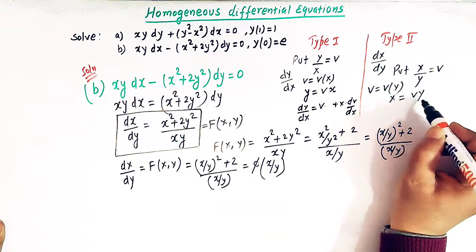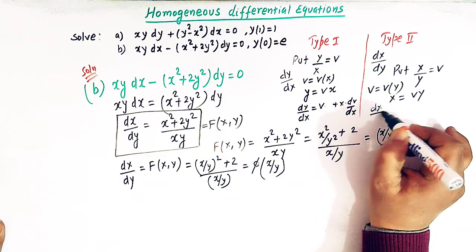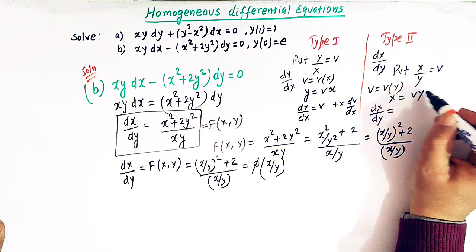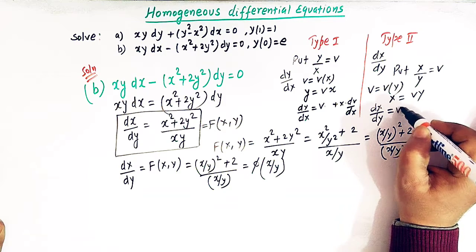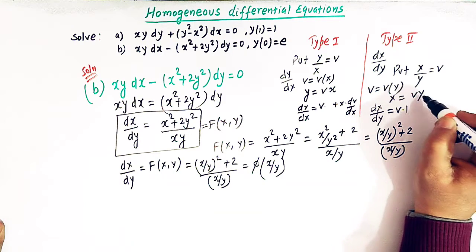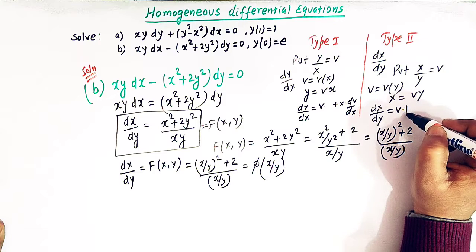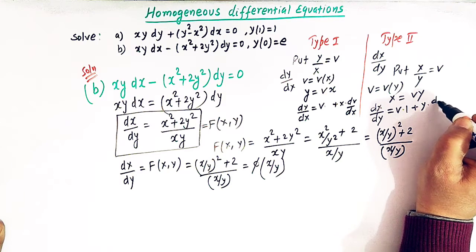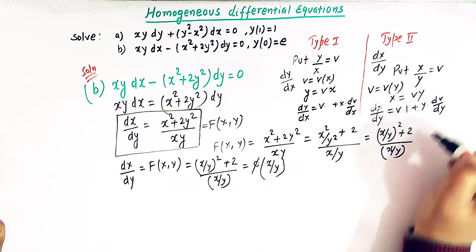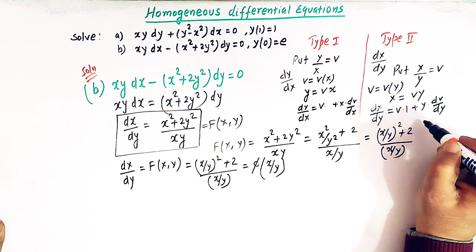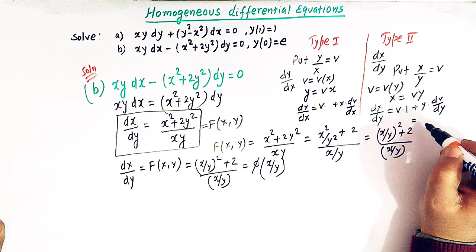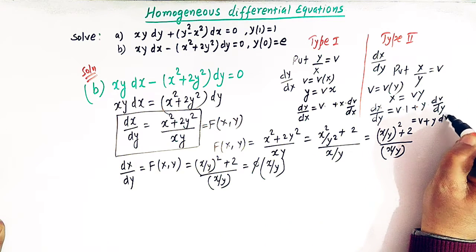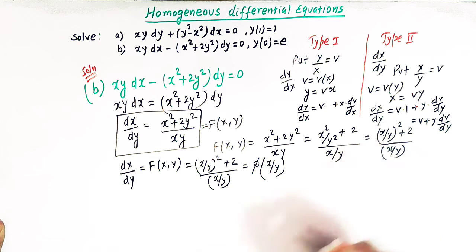So differentiating both sides, we have dx over dy is equal to, here we'll apply the product rule, v times 1, the derivative of y with respect to y is 1, then we have y times dv over dy, right? So we have dx over dy is equal to v plus y dv over dy.